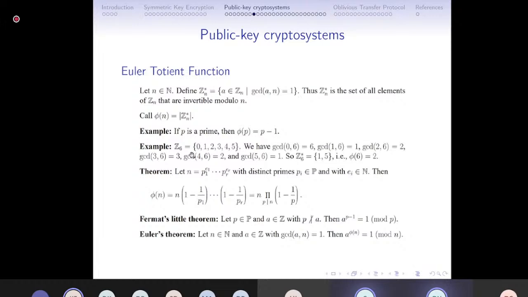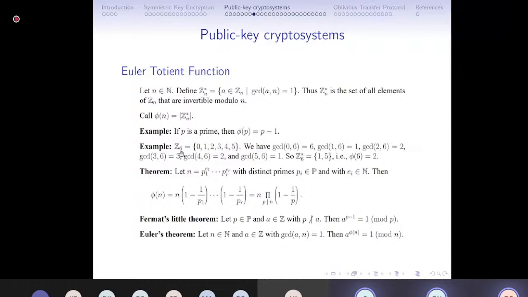For example, suppose that Z6 contains the elements 0, 1, 2, 3, 4, 5. This Euler-Totient function will give you the total number of elements in this set whose GCD with 6 is 1.